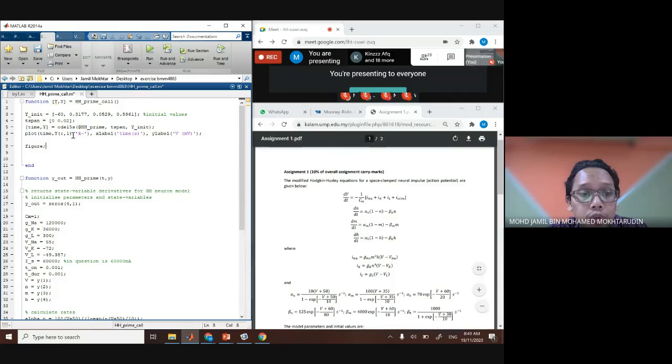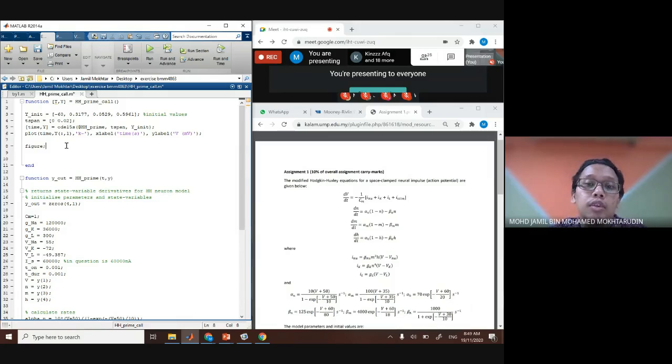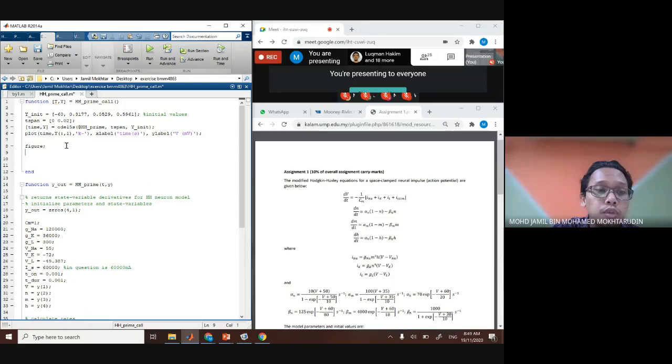So from your solution here, you don't have the currents. So you need to recalculate the currents before you can plot. So what you need to do first is to redefine your values V, N, M, and H.